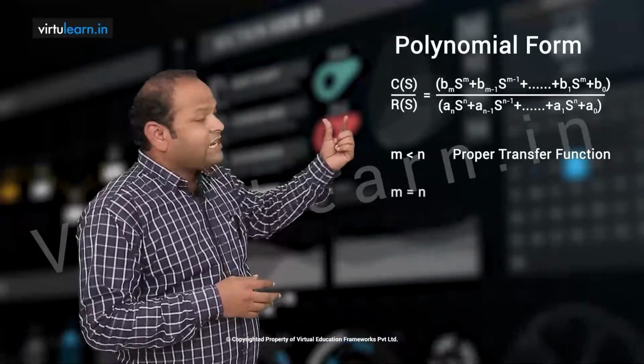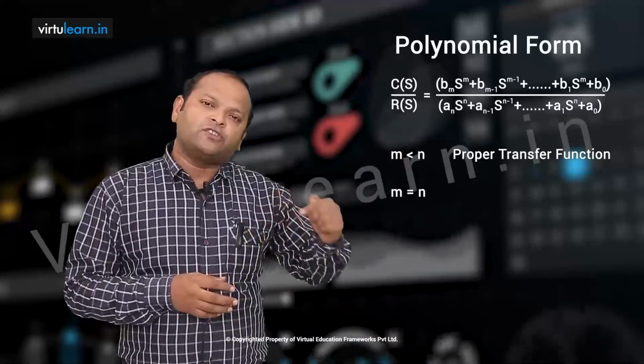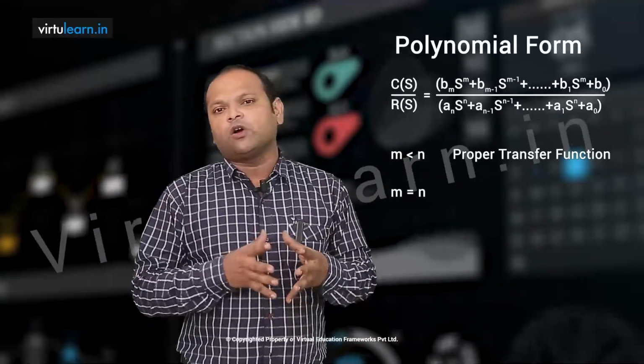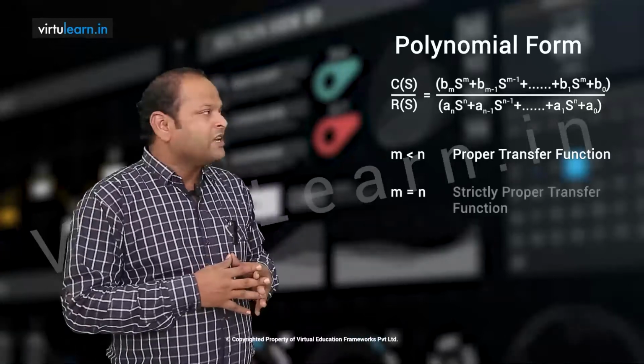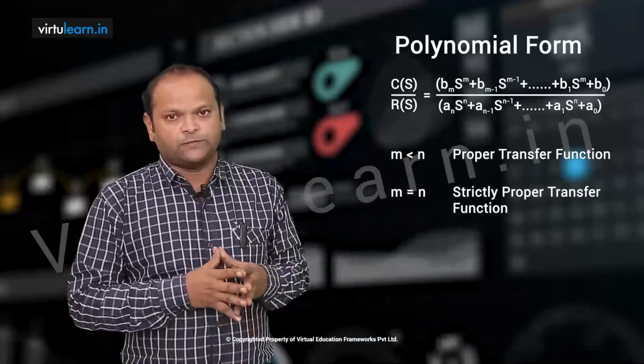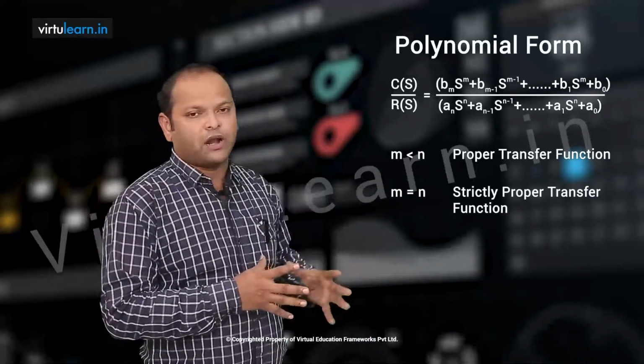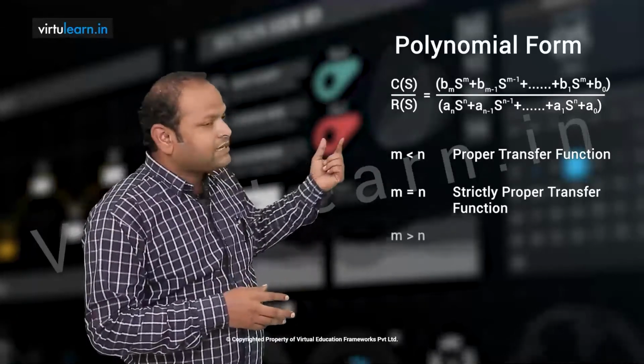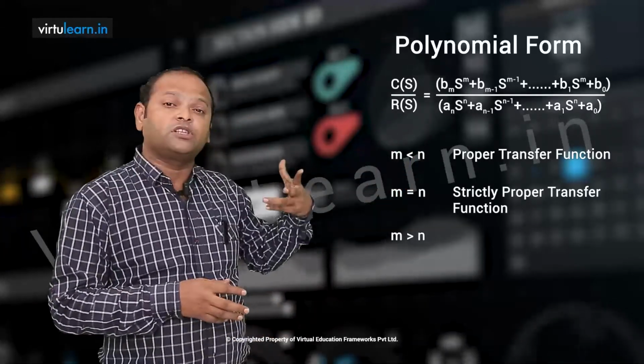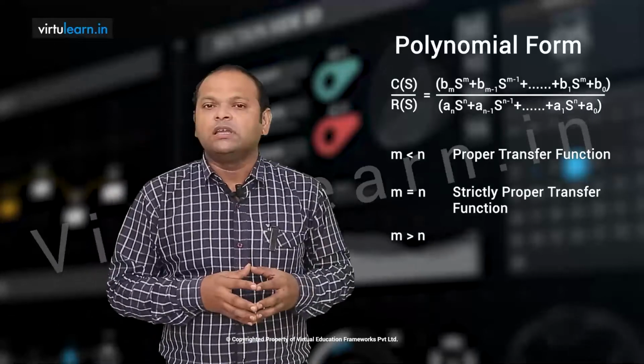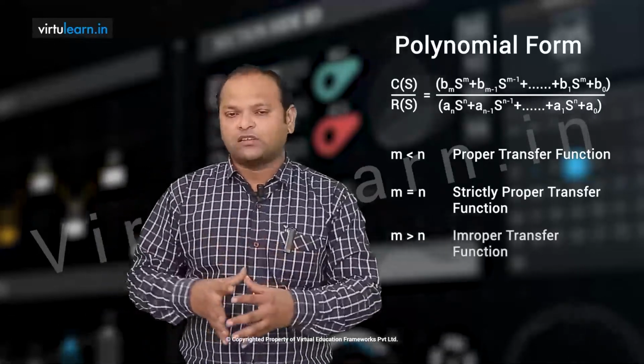When m is equal to n, which means the number of zeros equals the number of poles, we call the transfer function a strictly proper transfer function. Now if m is greater than n, which means the number of zeros is greater than the number of poles, then it is called an improper transfer function.